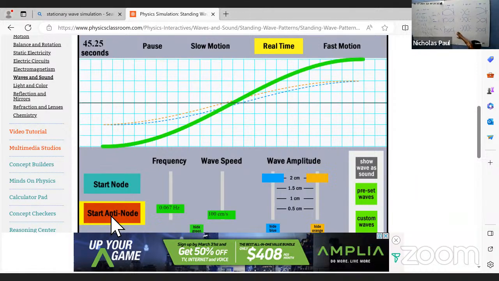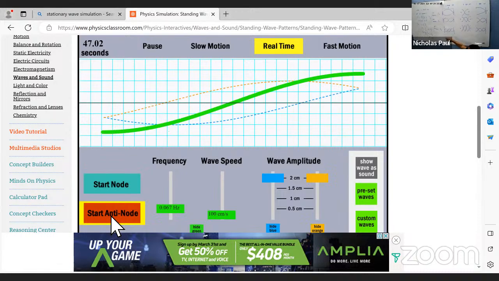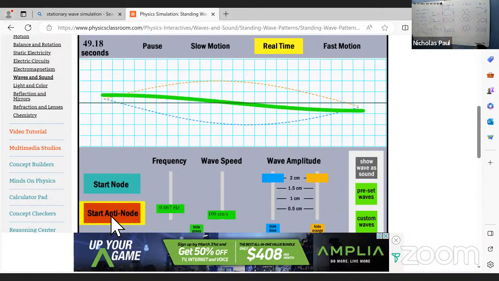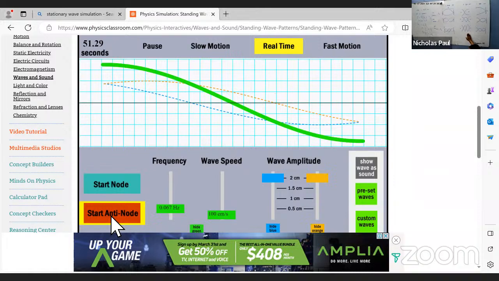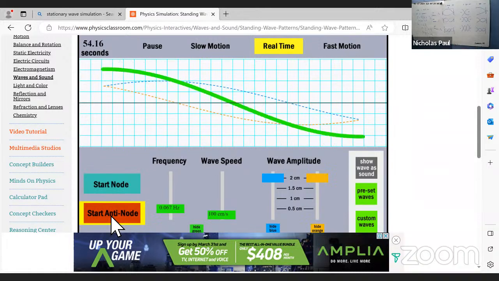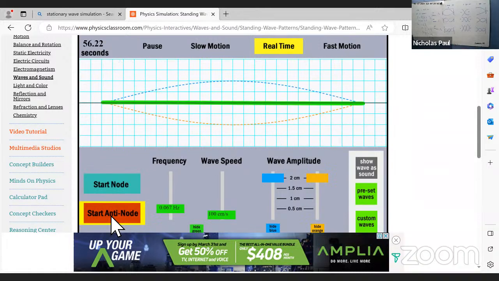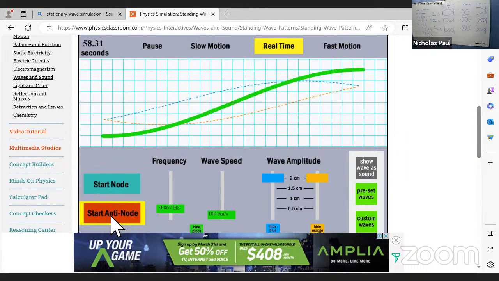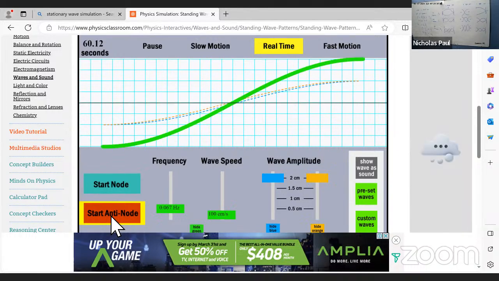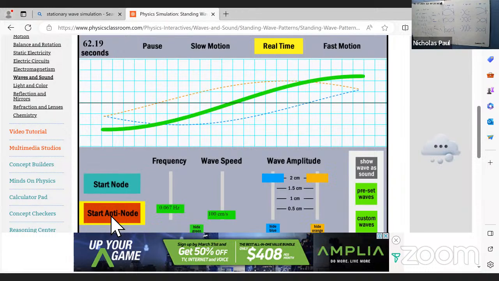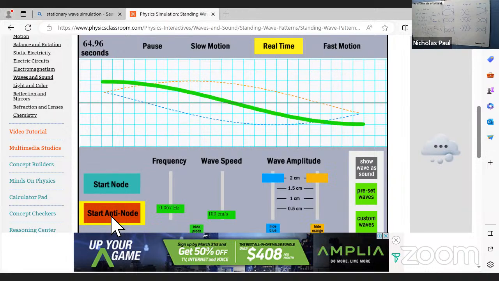Come on, work it out for me now, please. Just like how I worked it out there, work it out for this one. What would be the frequency of the second harmonic?